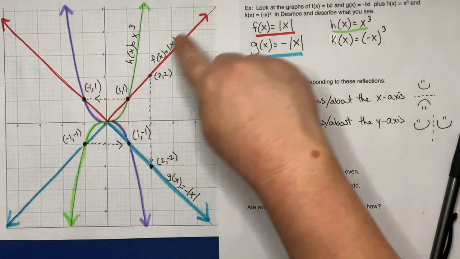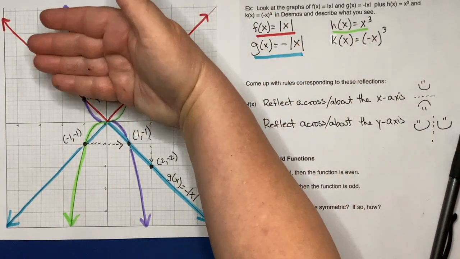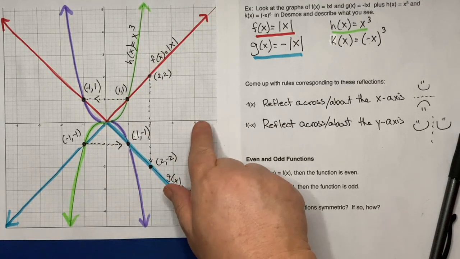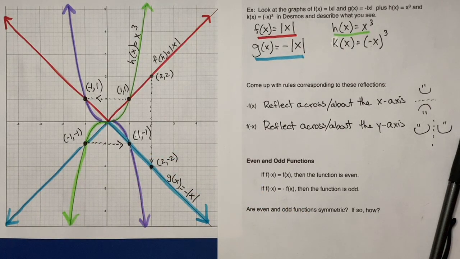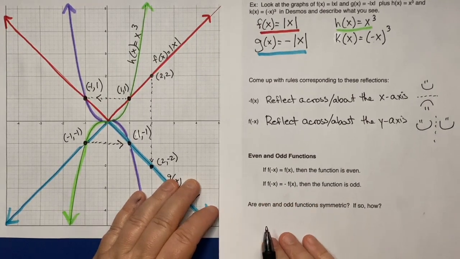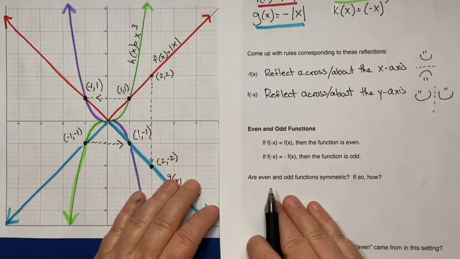Now, with the absolute value, that one has to be seen as a reflection across or about the x-axis, right, to get from this graph to this graph. So different graphs are going to have different characteristics, which brings us to the last topic of the section, which is even and odd functions.